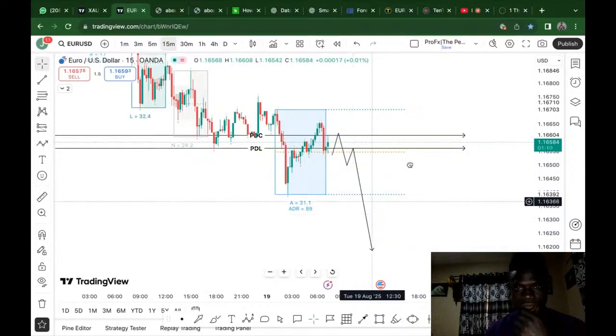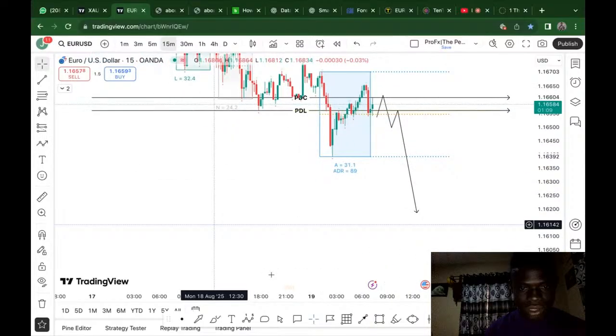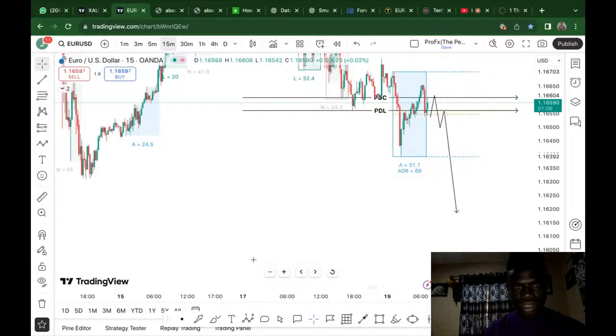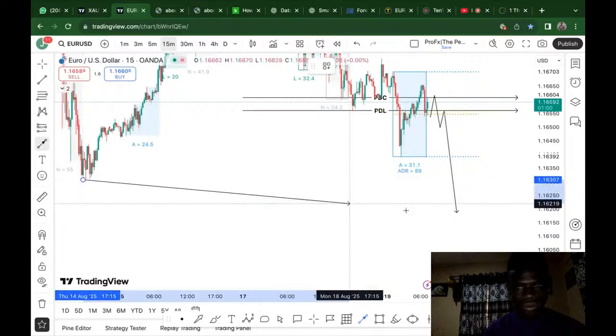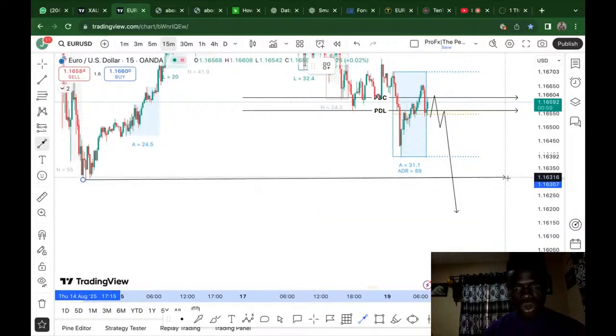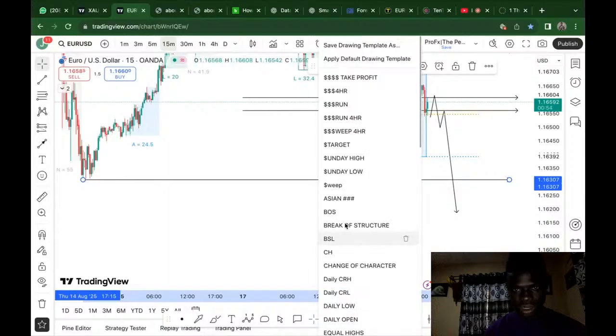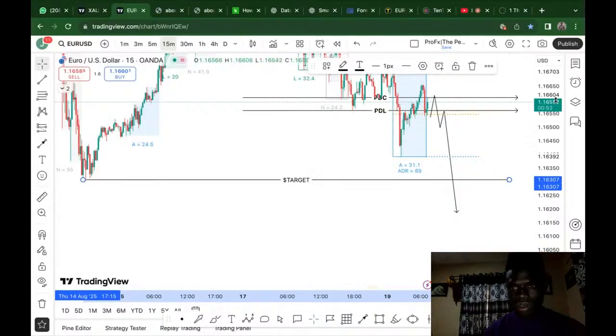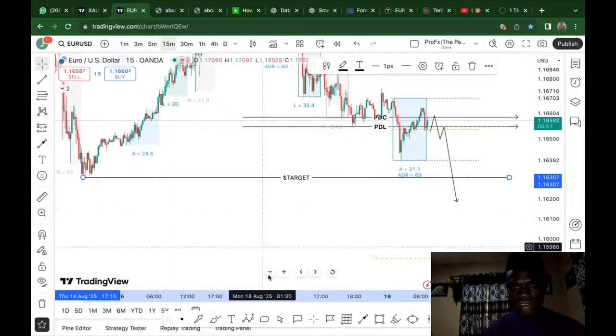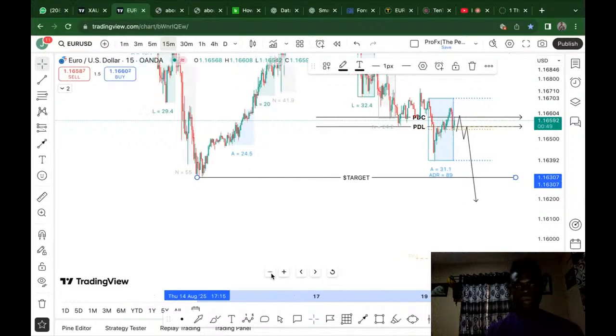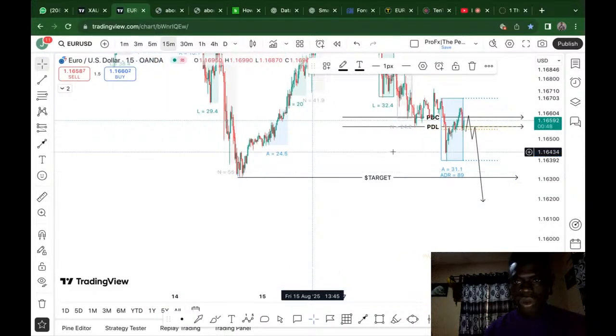And for my take profit, I'm targeting the next liquidity target, which is New York low. New York low is my next liquidity target. It's very clear. Okay, so clear.